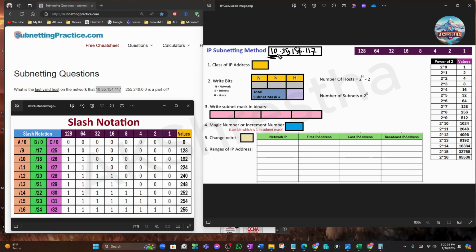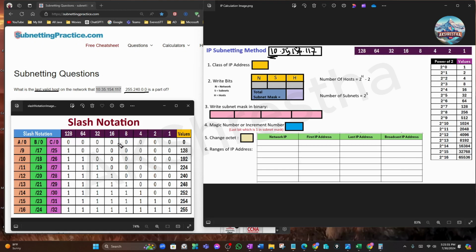For that we know this is class A, right? But here you have a mask also, you can figure that out too, okay? Here, see, I have the slash notation, which is very easy, and this is to figure out how many bits you have to jump, right? So check it out here.